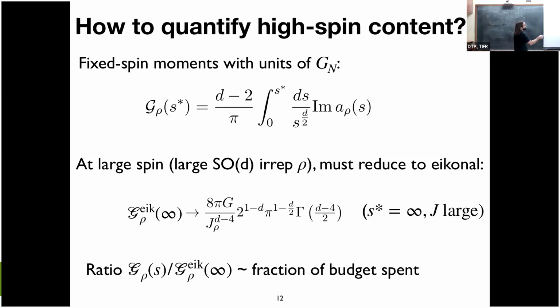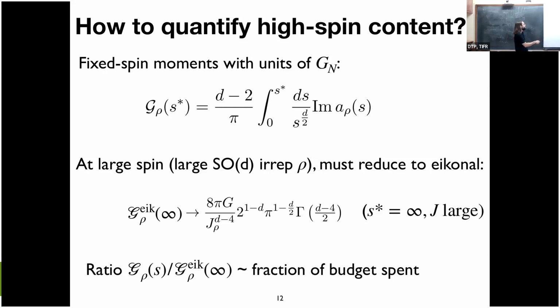And for example, at large spin, you can trust the eikonal approximation, large impact parameter. We actually have a precise expectation for what its closure integral will give you. So not only should this give a Newton, G Newton, but it's actually a very precise multiple of G Newton that you expect.